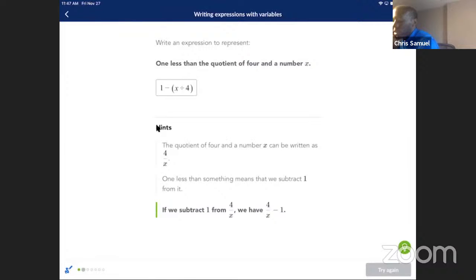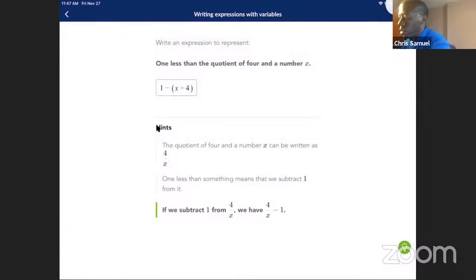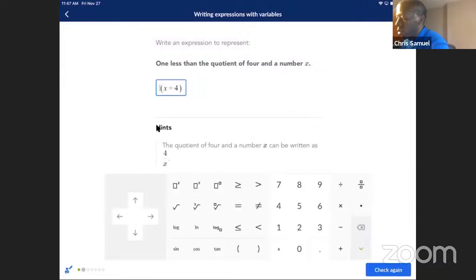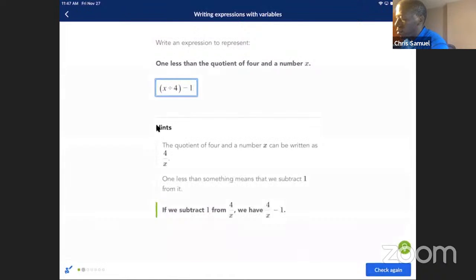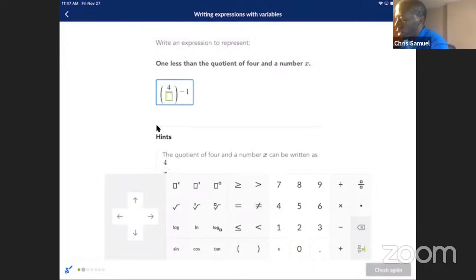So 1 less than something means that you subtract 1 from it. Okay. So if I write this, I guess they wanted this over here. Okay, and it's not that, then we have to do this. Let's try this. 4 over x.